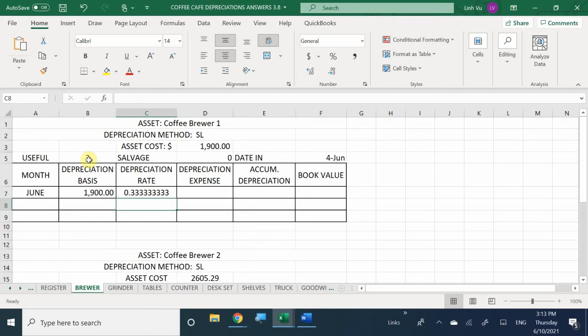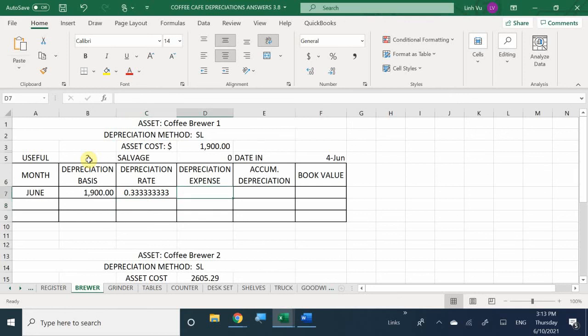Once again, if you use your cheat sheet, the formula for straight line is 1 over the estimated useful life. So in this case, 1 over 3, which is 0.33333. Exactly.